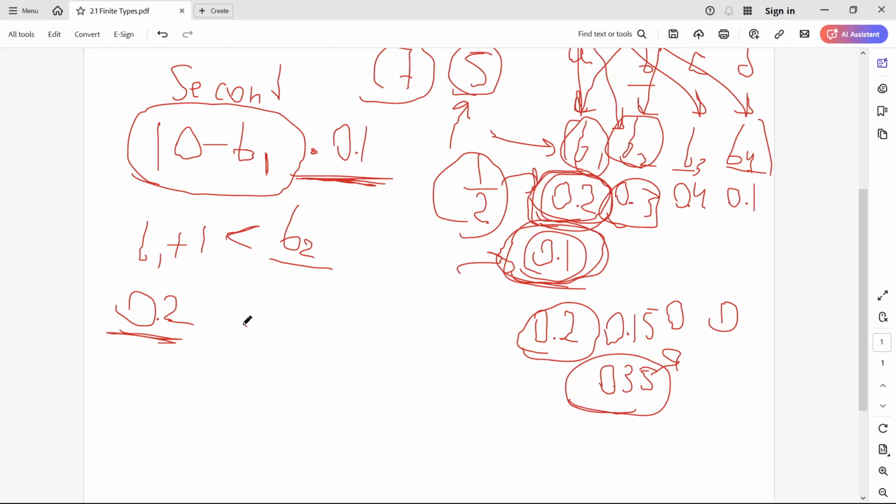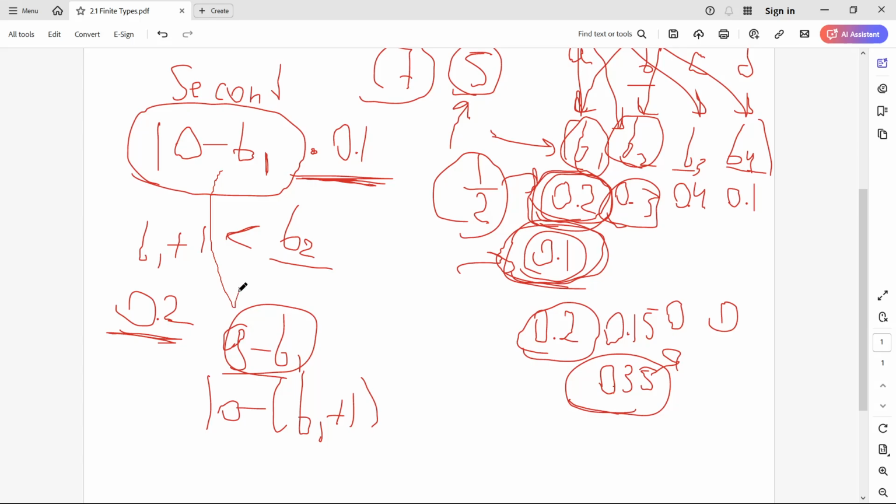However, now your payoff is 9 minus B1. So it's like 10 minus B1 plus 1. So you reduced the payoff of winning. However, you increase the chance of winning. So there's a chance that you just increase your expected payoff.